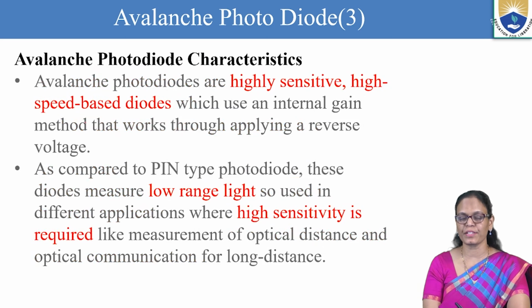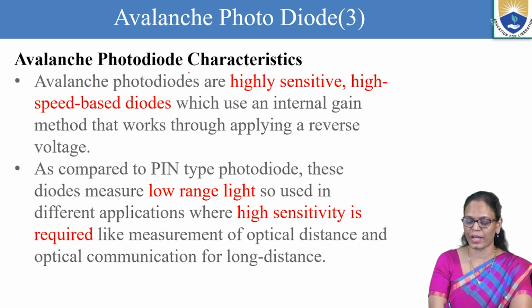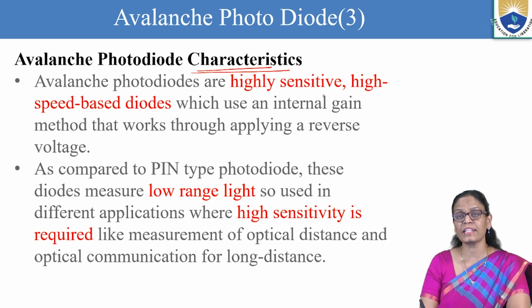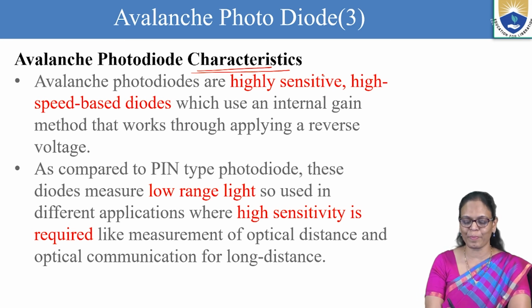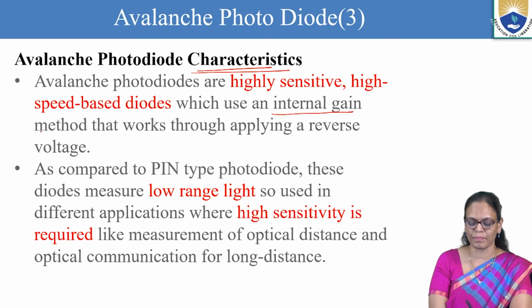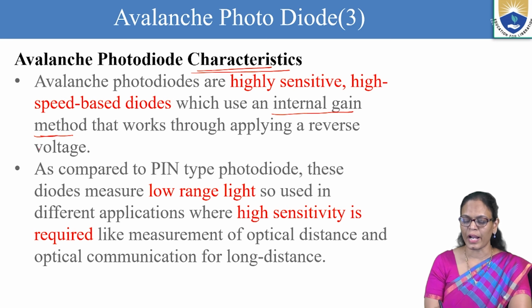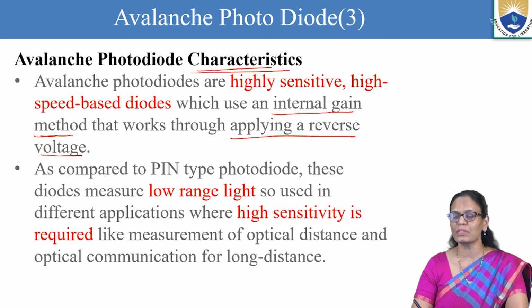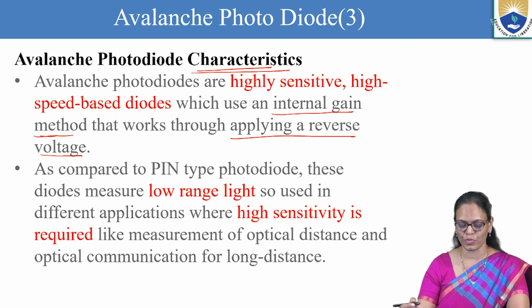Now coming to the characteristics of the avalanche photodiode. These avalanche photodiodes are highly sensitive and high speed diodes, which use an internal gain mechanism, and that happens because of the applied reverse voltage. We have discussed this phenomenon entirely, how this internal gain mechanism happens inside the avalanche photodiode.